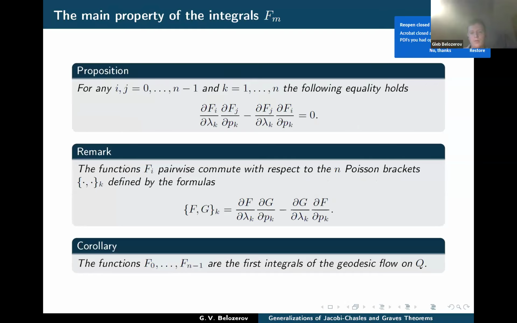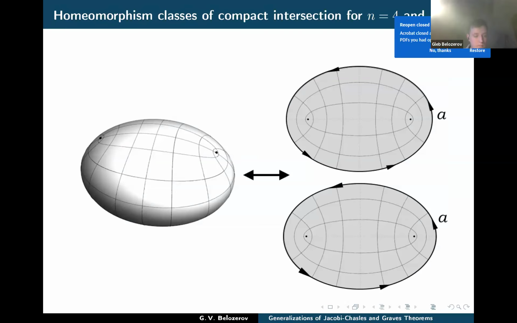Now I want to tell you about homeomorphism classes of intersections of several confocal quadrics. It's an interesting question, but we know that if we consider three-dimensional Euclidean space and two confocal quadrics, we obtain only a disjoint union of several circles and intervals.